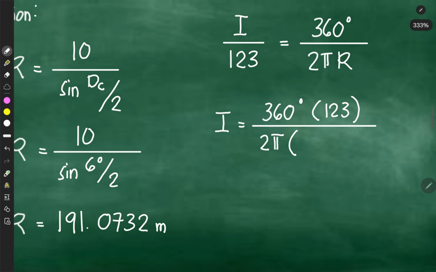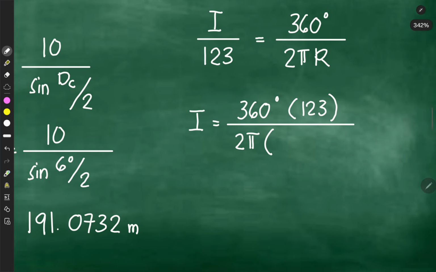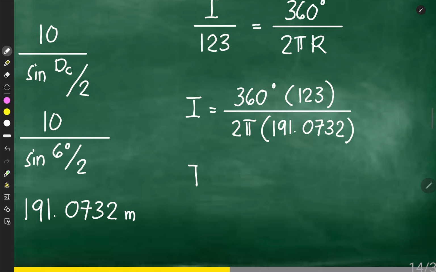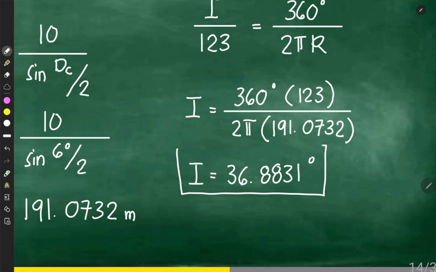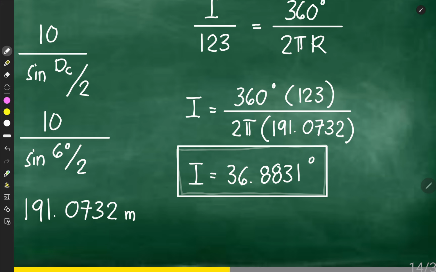Then let's substitute the value of our radius, 191.0732. Therefore, the central angle has a value of 36.8831 degrees. And this is now our answer for our problem number 1.